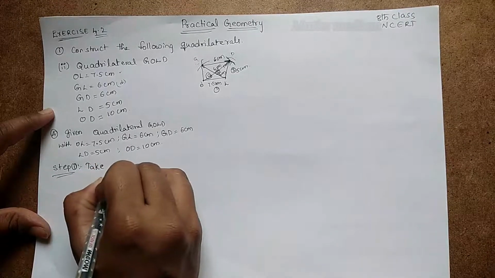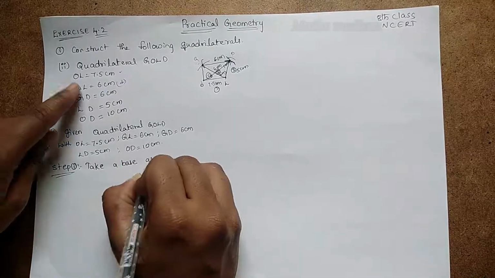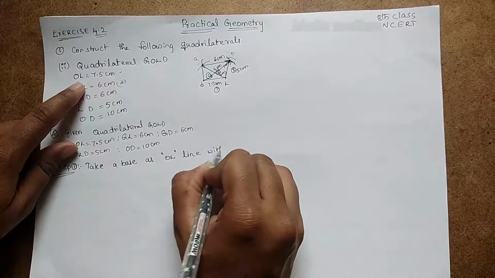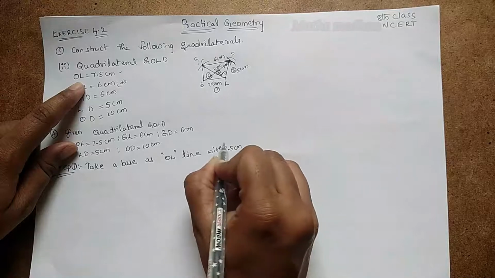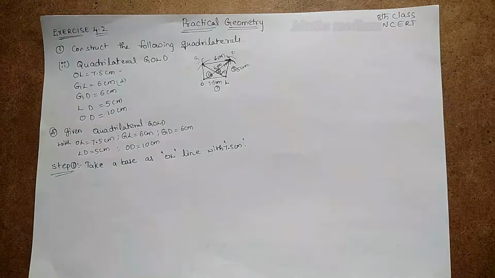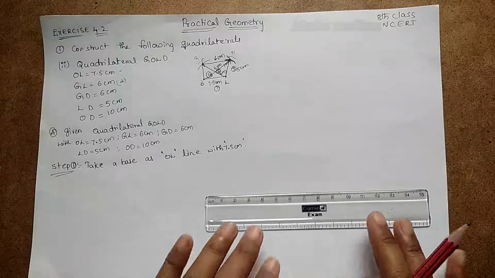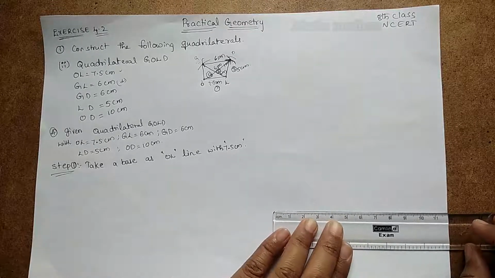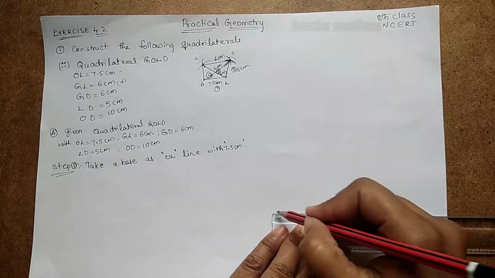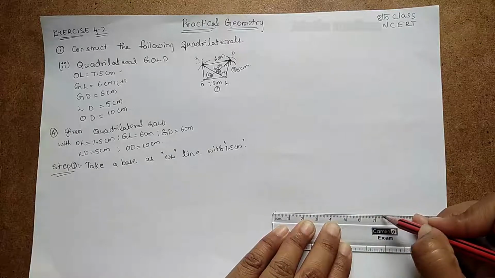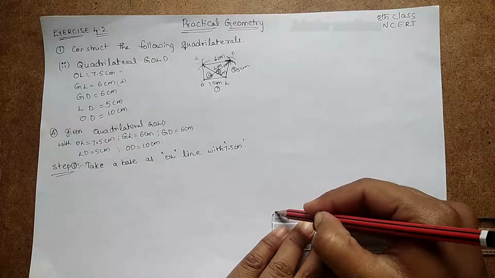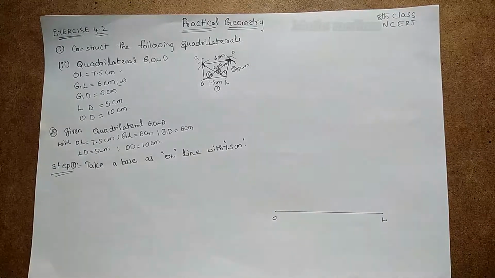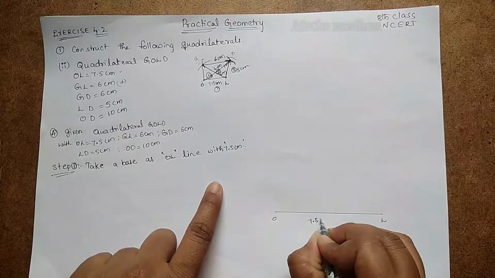Take the base as line OL with 7.5 centimeters. Take the help of a scale and a pencil and draw OL as 7.5 centimeters. Draw a line, naming it OL, 7.5 centimeters. Step 1 is over.